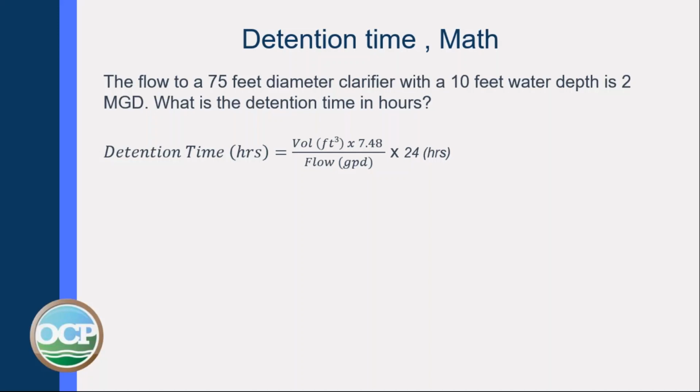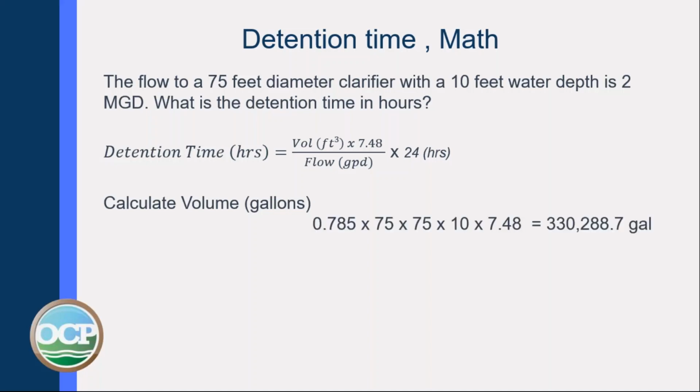To get the volume of a round tank, it is 0.785 times diameter in feet times diameter in feet times depth of the water. So in this case, it's 0.785 times 75 times 75 times 10. That will give you your tank volume in cubic feet.